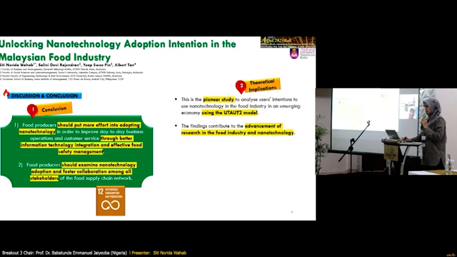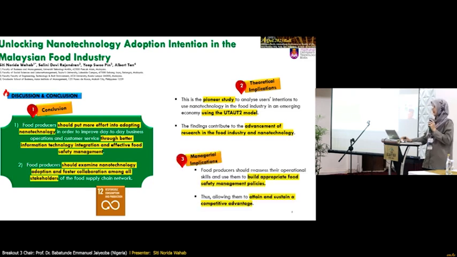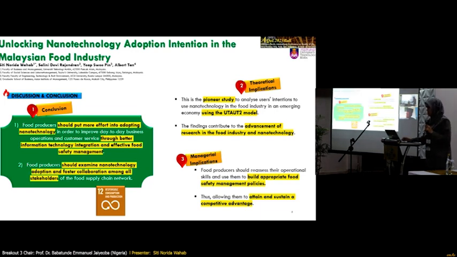Okay, in terms of theoretical contribution, this is a pioneer study which tries to analyze user intention to use nanotechnology in the food industry using the UTAUT model, and this finding also contributes to the advancement of research in the food industry as well as nanotechnology. In terms of managerial implications, this study's findings might be appropriate to improve food safety management policies.